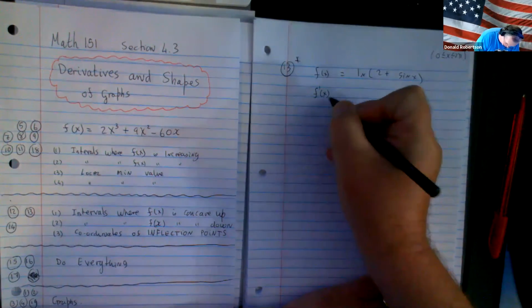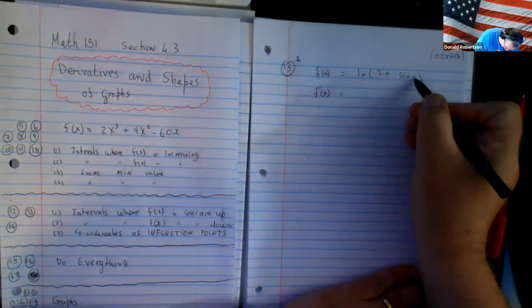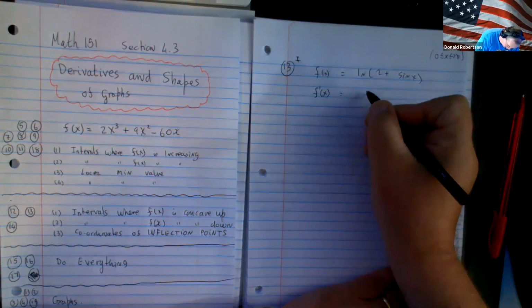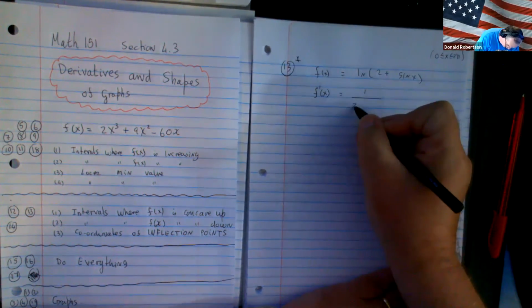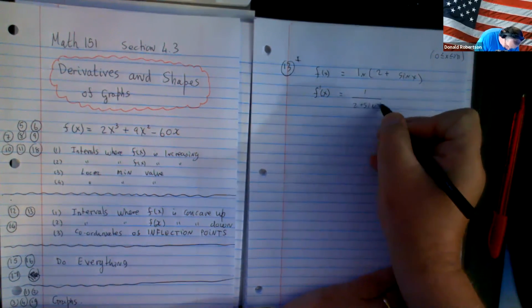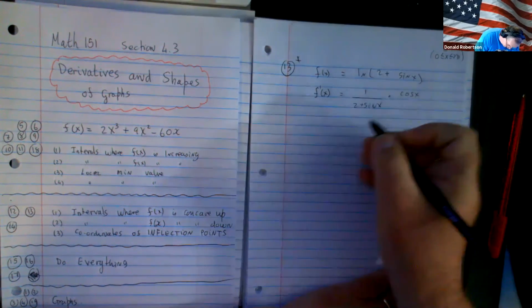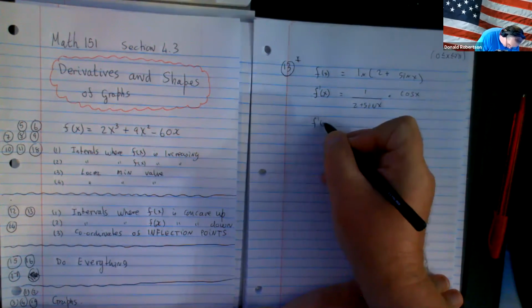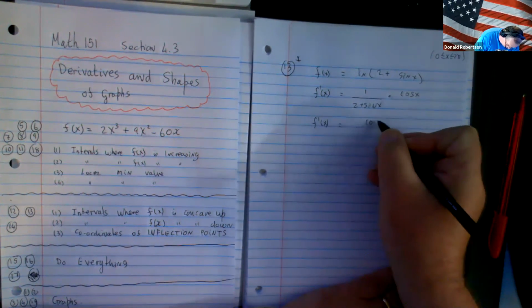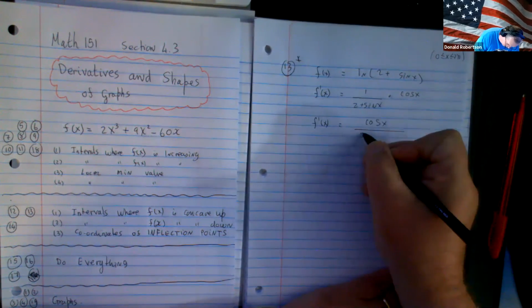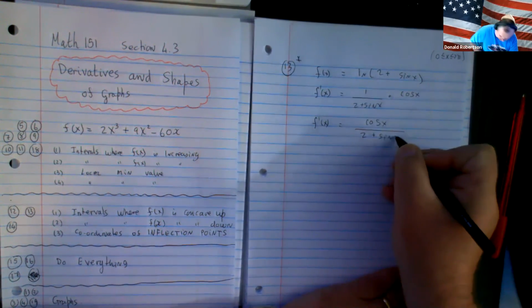To get the first derivative, I'm going to look at this as a chain rule. So it's 1 over 2 plus sine x times the derivative of 2 plus sine x, which is cosine x. So this is cosine x on the top and 2 plus sine x on the bottom.